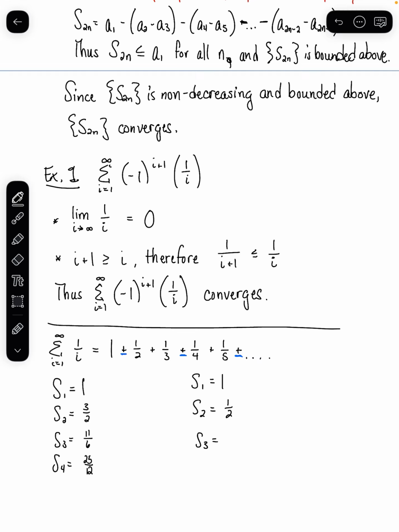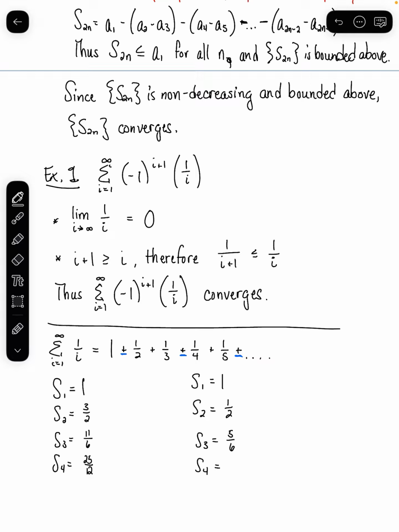So when we are at an odd term, it's still positive. We're still adding on to what we had. But what we're adding on is smaller than anything we've dealt with so far. Therefore, what we're adding on is not even big enough to get us back to the original value of 1 that we started with.